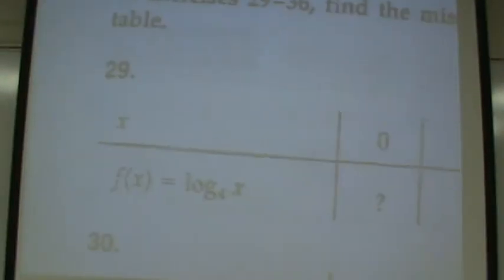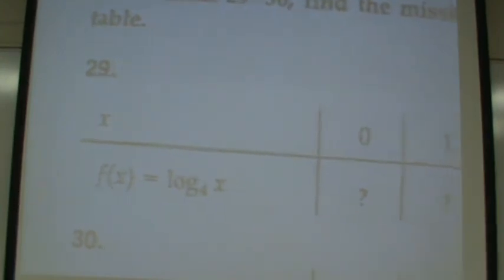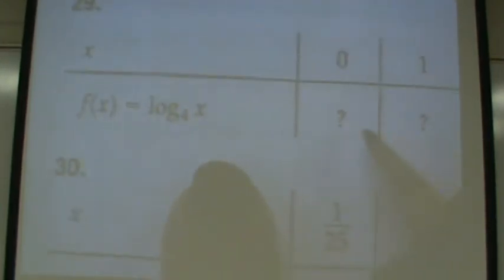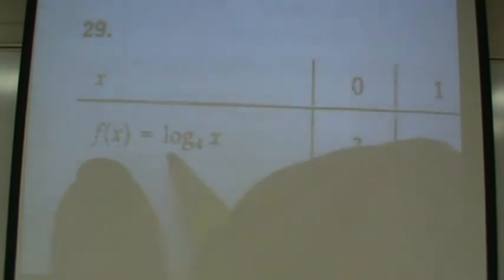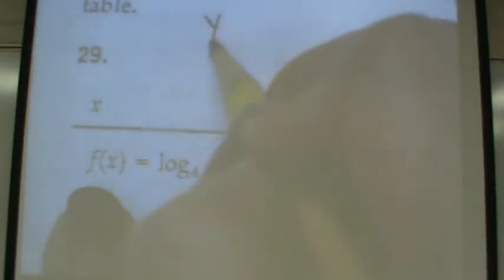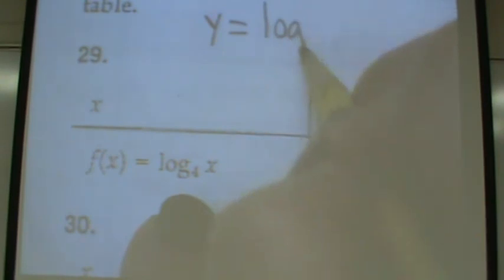Go to the back page. 29, and remember, just do the odds. They want you to fill in this T-chart here. So they give you this equation, y equals the log of x base 4.